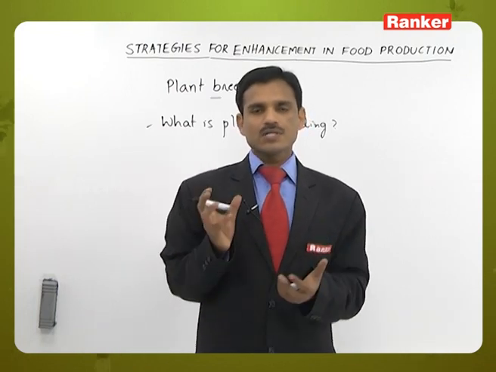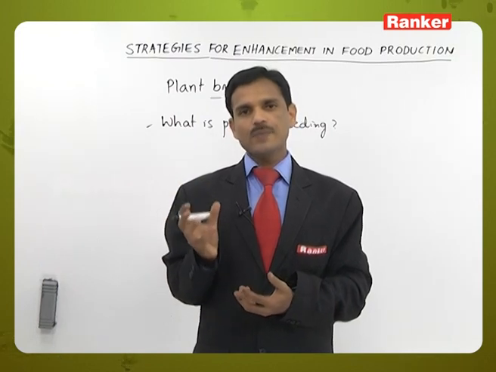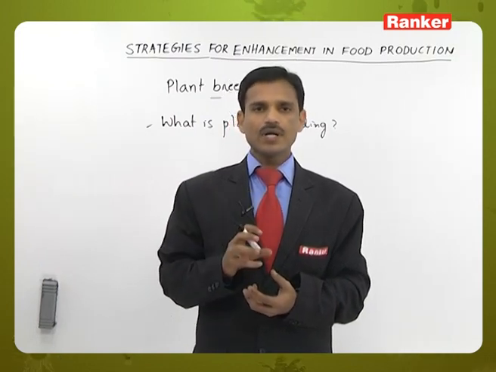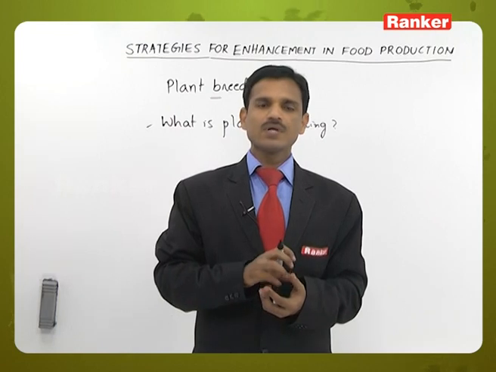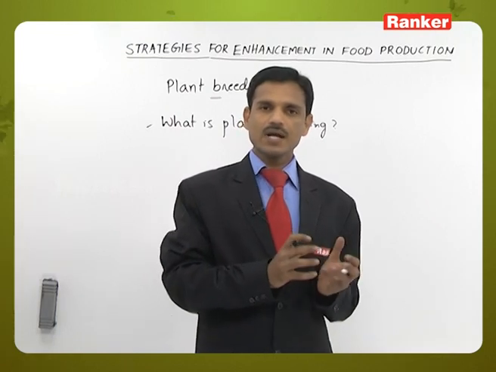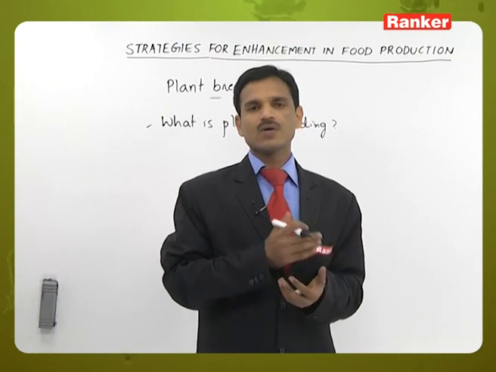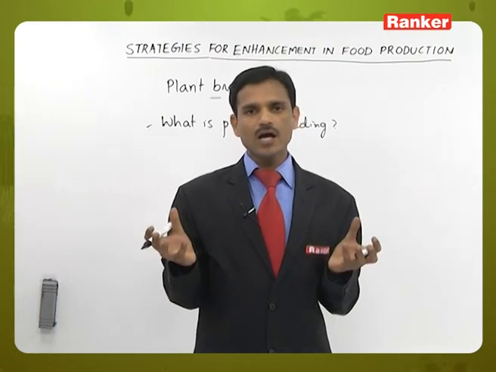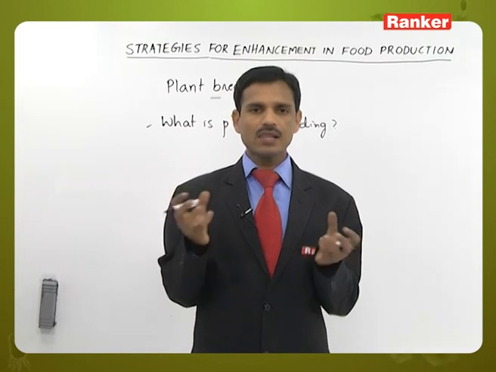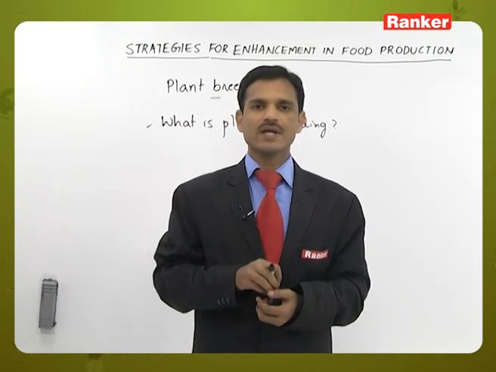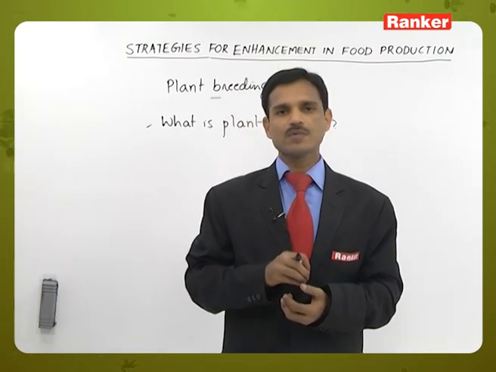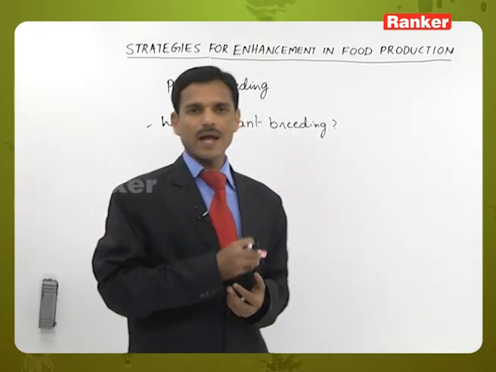Some plants have high protein quality but low yield and no disease resistance, and some plants have disease resistance but not other qualities. We can incorporate all the desirable qualities into a single variety. It is possible with the help of plant breeding.